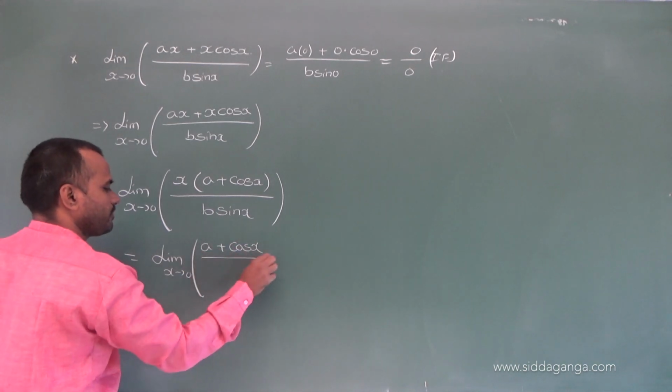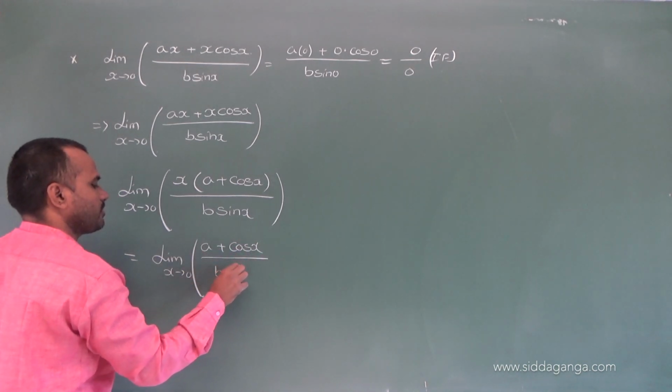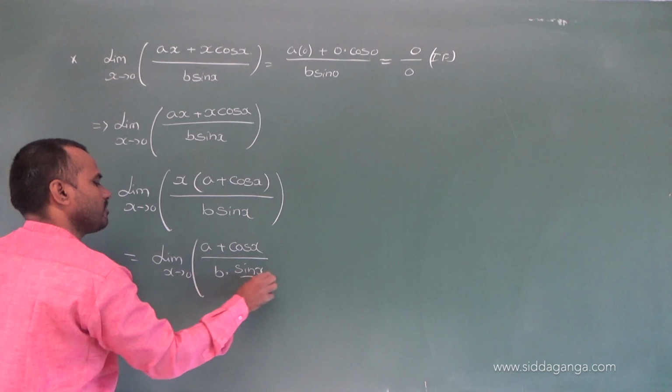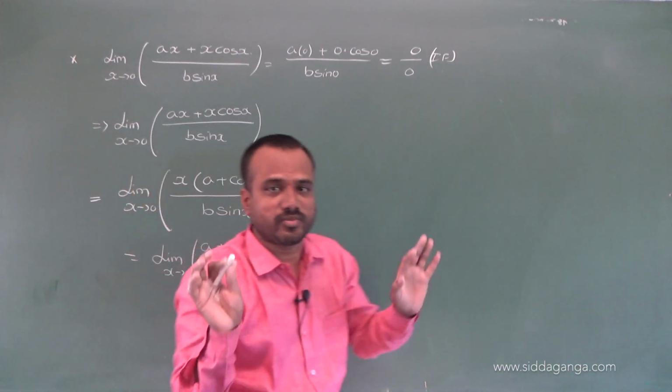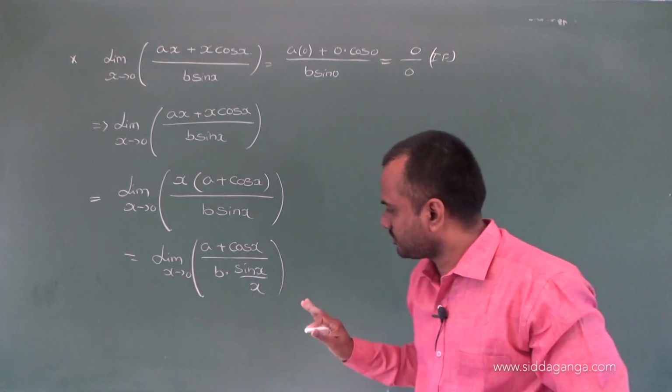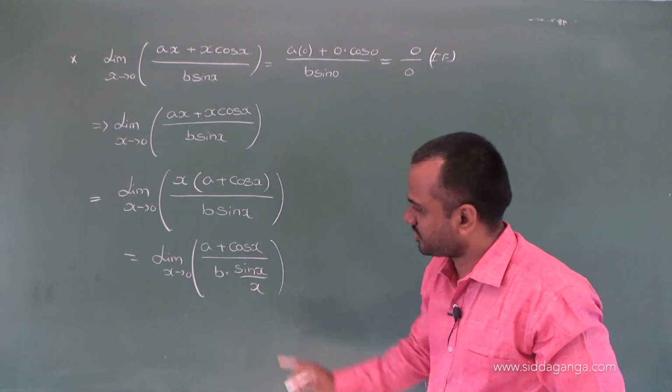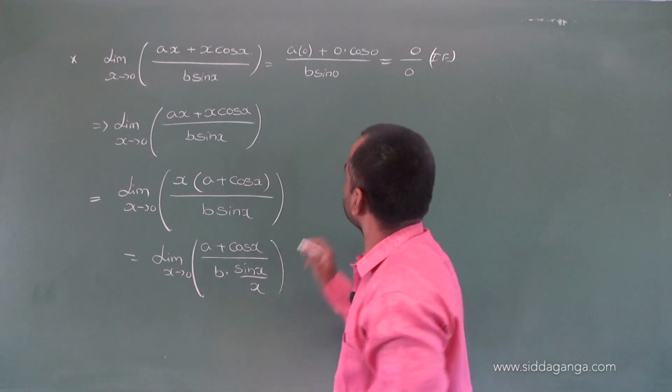Cos x by x. Denominator by denominator goes again to numerator, the result will be the same, never affected. Correct? Sin x by x. B is a constant, write it outside.